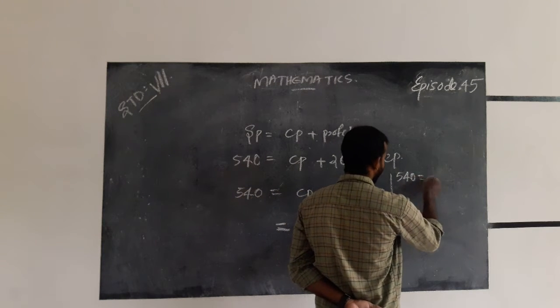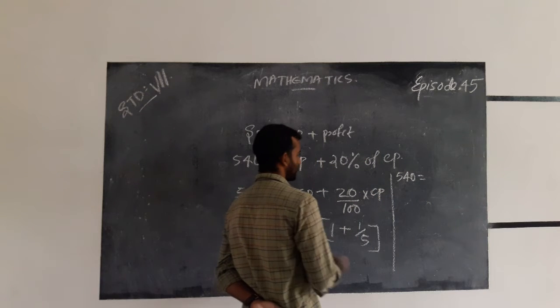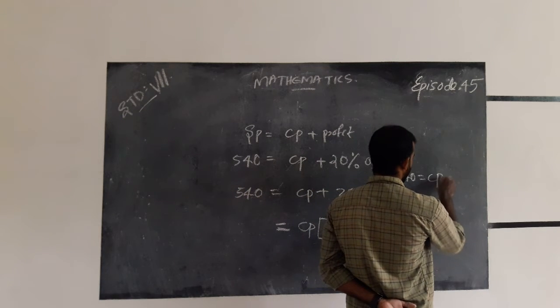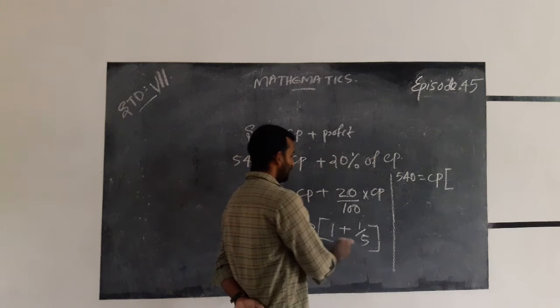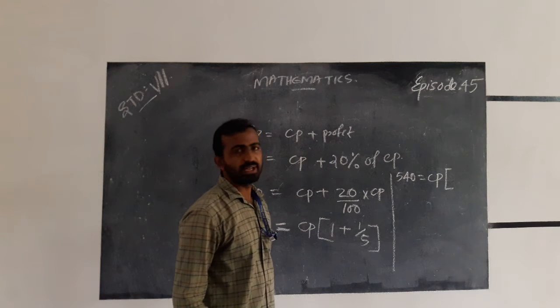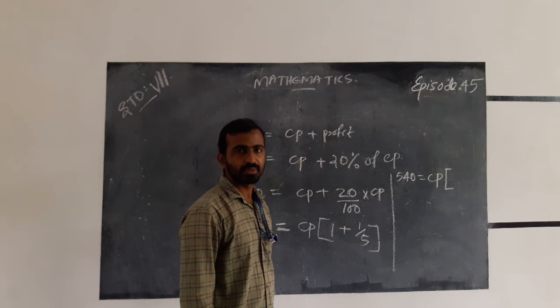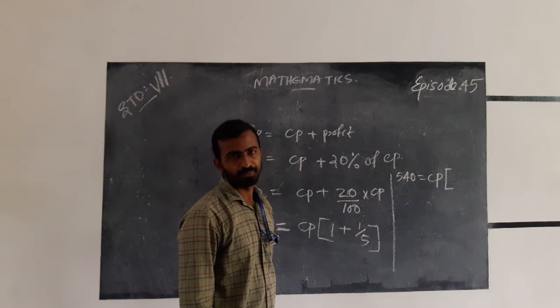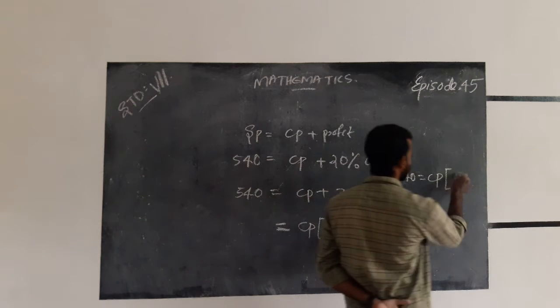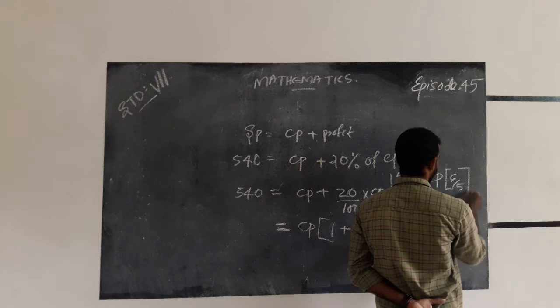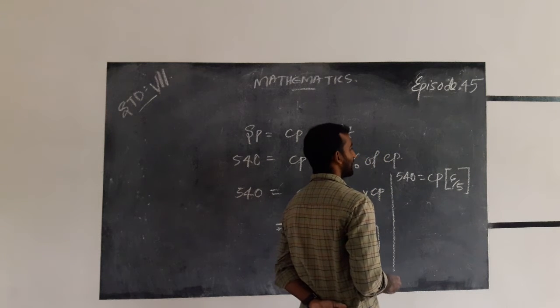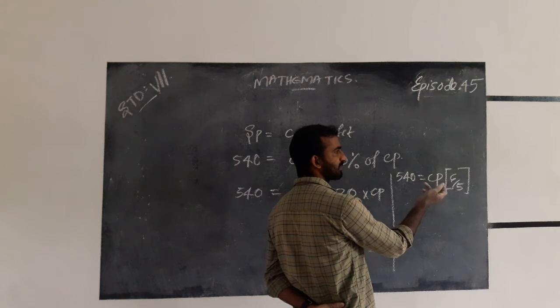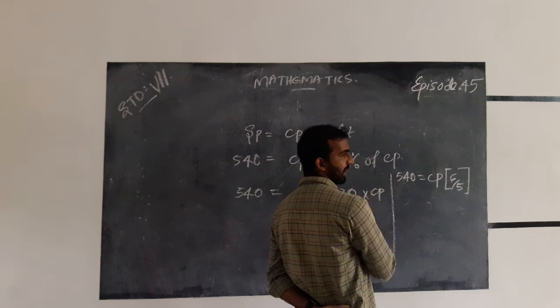540 equals CP into, here 1 plus 1 by 5, we get 6 by 5. We transfer 6 by 5 to the left side.